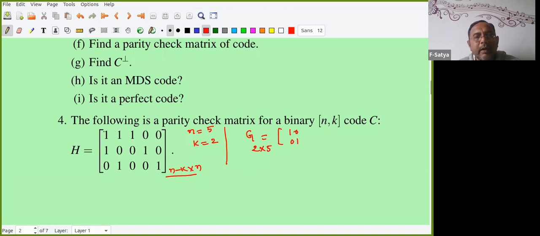This first column becomes a row, the second column becomes another part. Now what is my C? How is C defined? It is VG such that, can you tell me where this V belongs to?